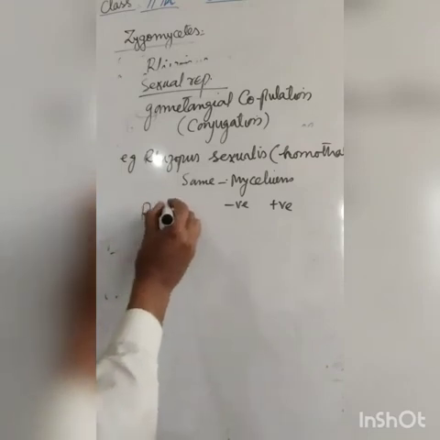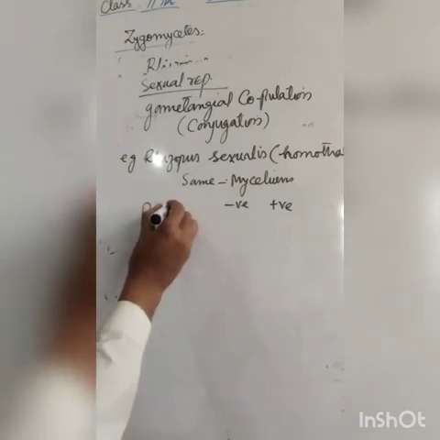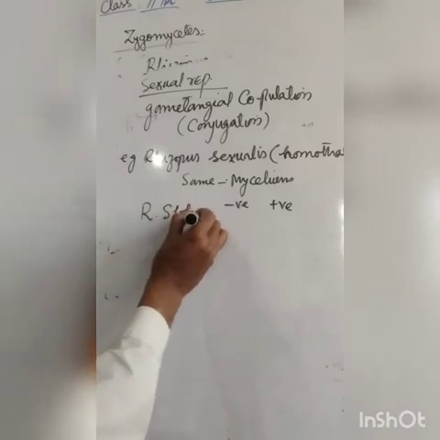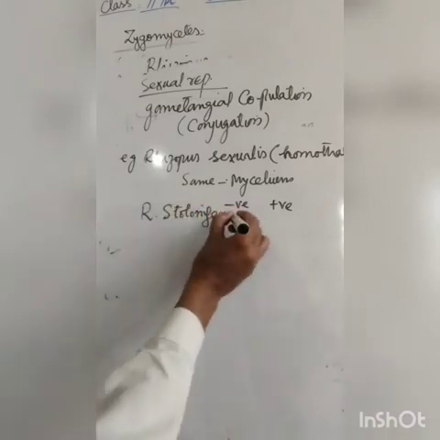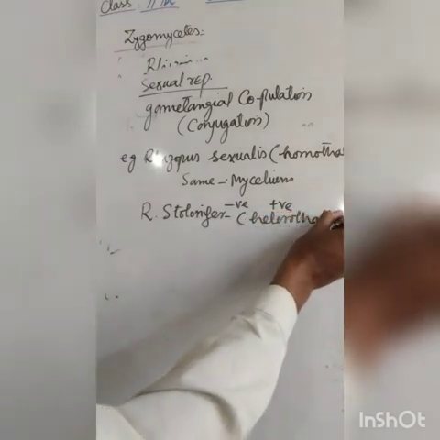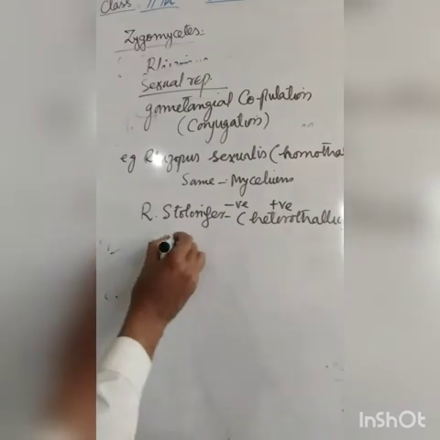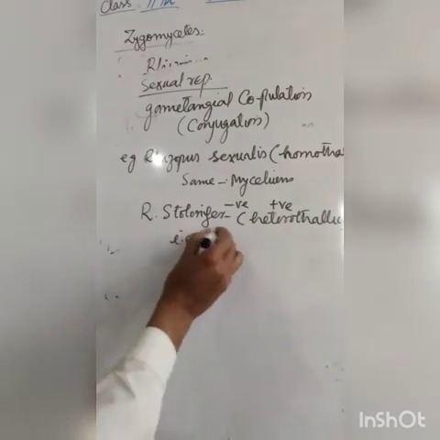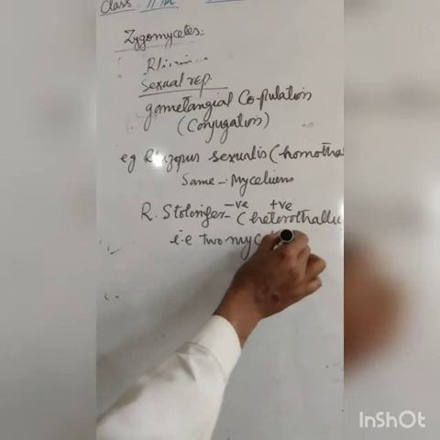Another species, Rhizopus stolonifer, is heterothallic. That is, two mycelia with two mating types, positive and negative, come close and form two types of gametangia.